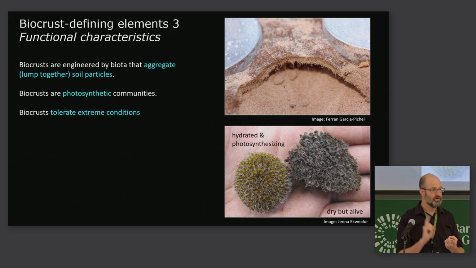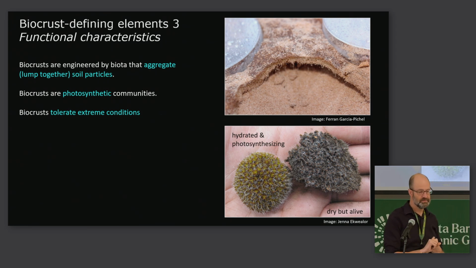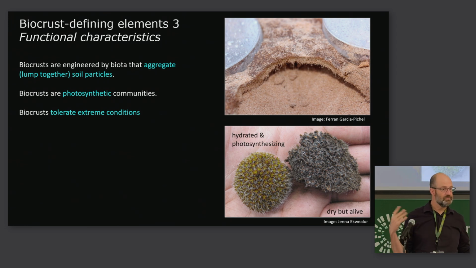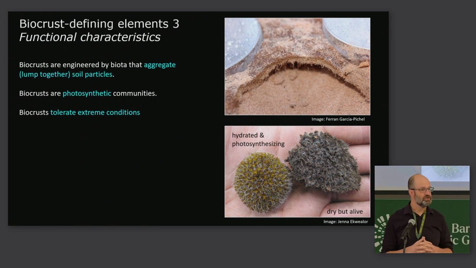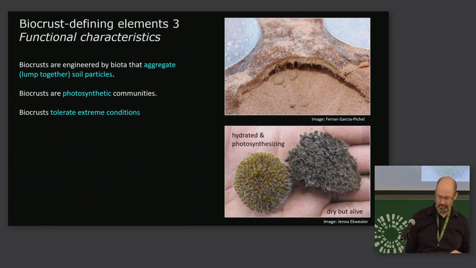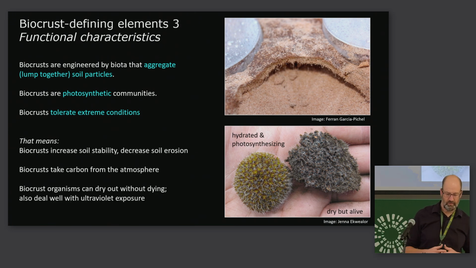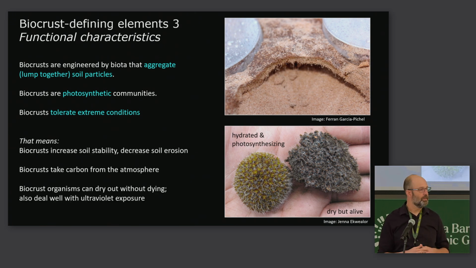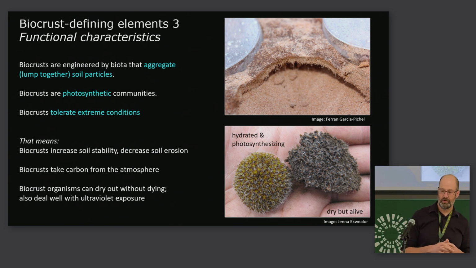They're also photosynthetic communities, so they are feeding themselves using energy from the sun. And they're also able to tolerate extreme conditions like desiccation, which we've heard about a couple times today. So where biocrusts are present, they're increasing soil stability and decreasing soil erosion.